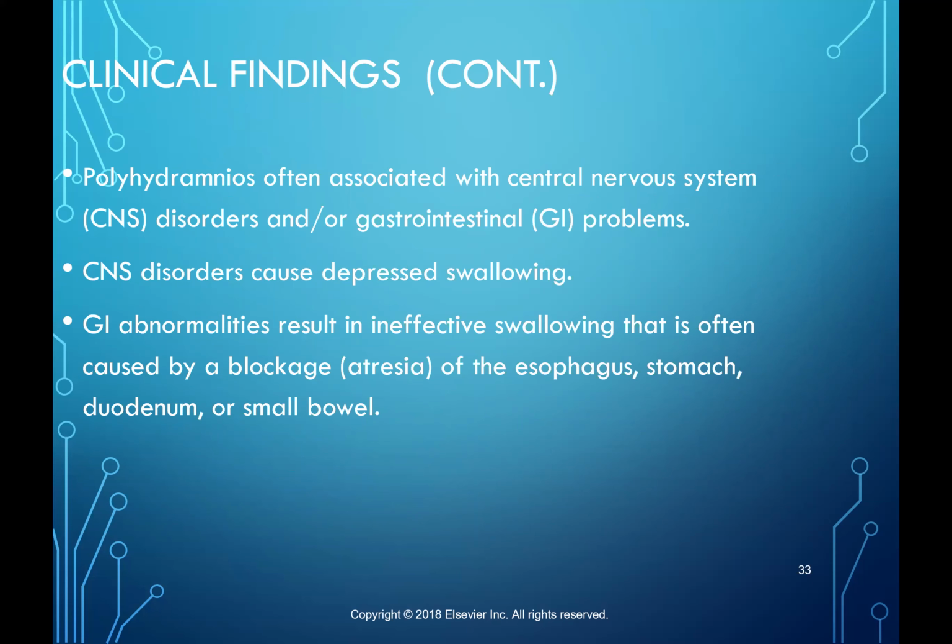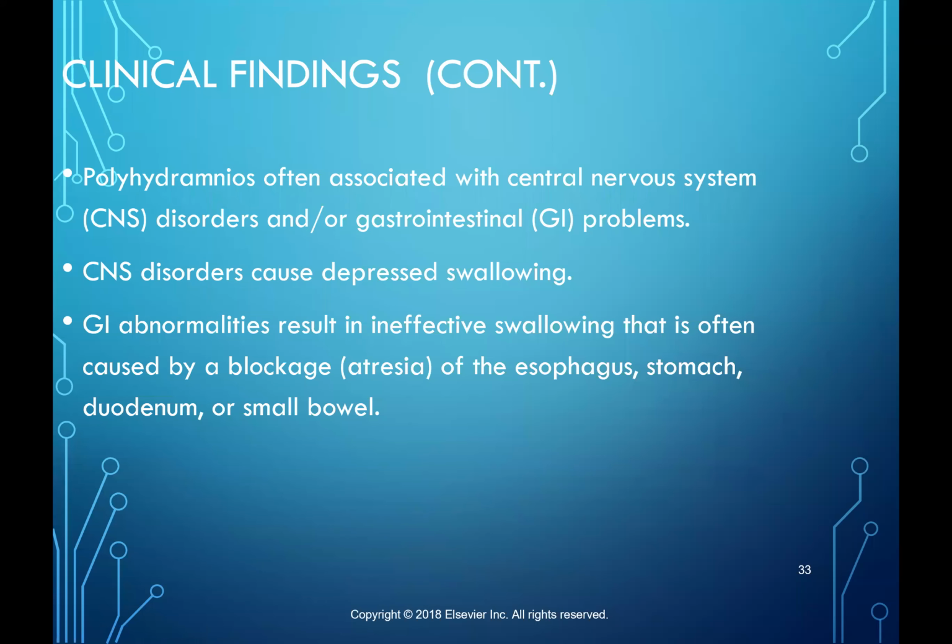Polyhydramnios is often associated with central nervous system disorders and GI problems. The central nervous system disorders cause depressed swallowing. GI abnormalities result in ineffective swallowing that is often caused by a blockage of the esophagus, stomach, duodenum, and small bowel. So, if the baby has something going on with the nervous system or GI, that tends to be a reason why they would have polyhydramnios.